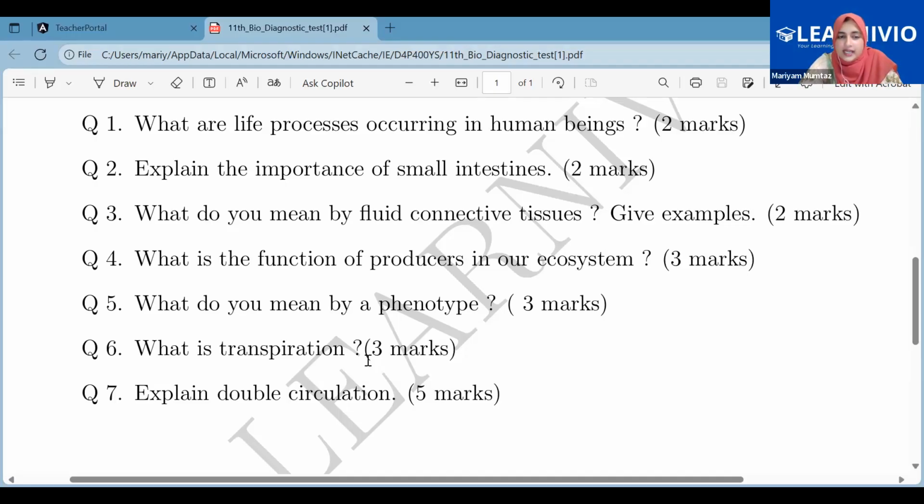So, no problem. Last question. Explain double circulation. Double blood circulation. Blood passes through the heart twice. Then blood enters the heart, and then the oxygen.